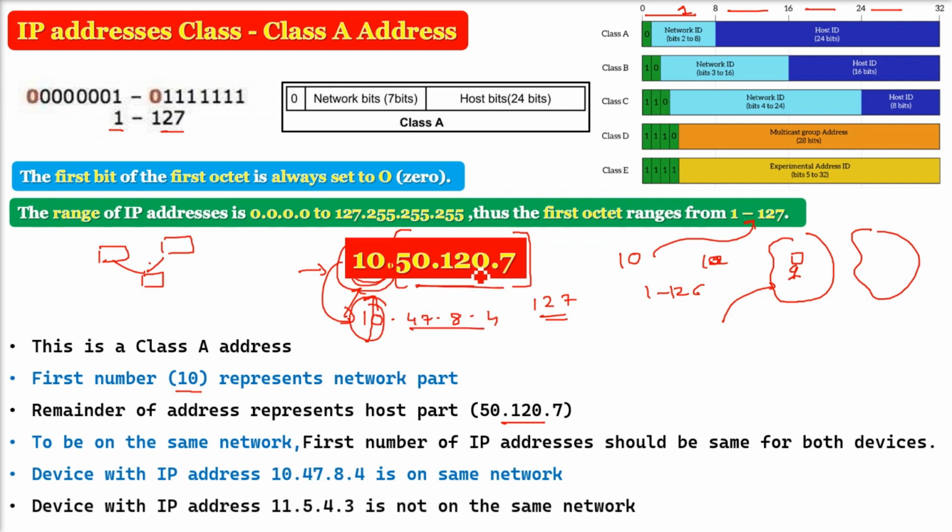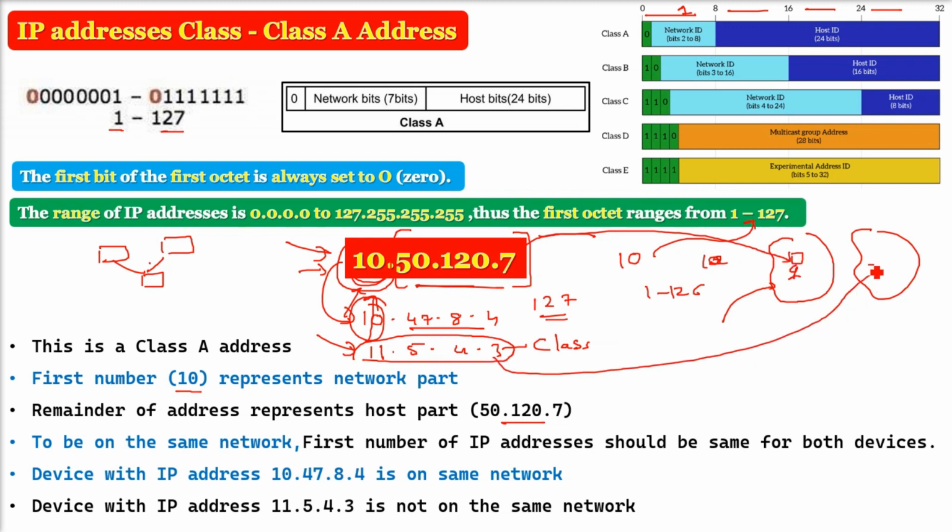Don't worry about the next three octets. If I write 11.5.4.3, the first decimal number, one is 10, one is 11. So 11.5.4.3 does not belong to the same network as 10.50.120.7. If 10 is this network, 11 will be in some other network.